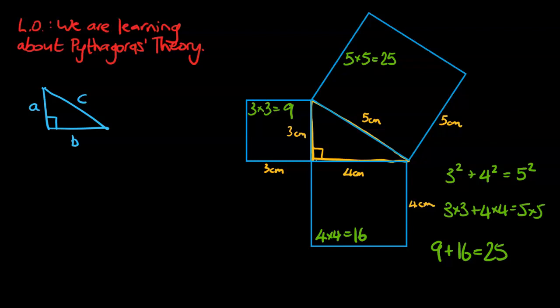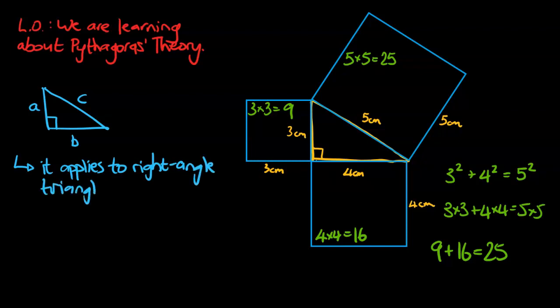So based on that diagram, we know a bit about Pythagoras' theory. We know it applies to right angle triangles only. So if you don't have a right angle triangle, Pythagoras' theory will not work for this.